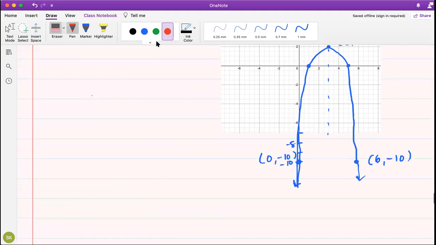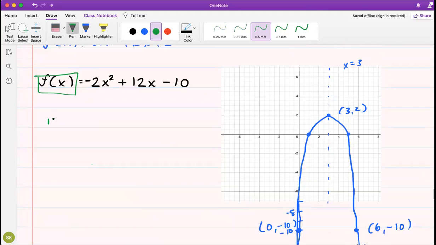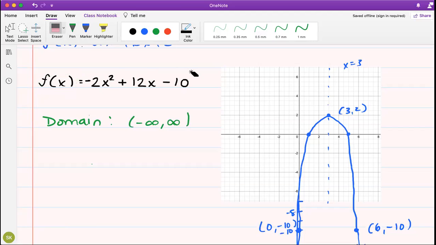Number one, the domain for a quadratic function is always going to be negative infinity to infinity, because this function doesn't have any square roots or fractions, so there's nothing we need to take out of the domain. As for the range, remember that a is negative, which means we're pointing down.